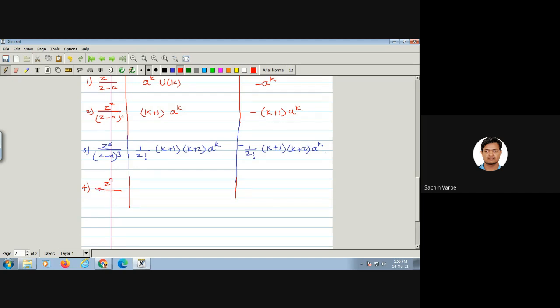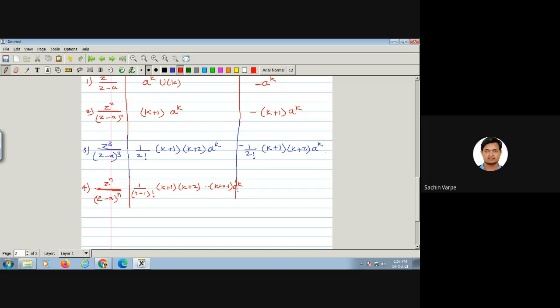You might be thinking how and why we are writing these formulas. How do we get this? So I'll tell you the explanation. Z upon z minus a raised to n, can you generalize this? It is equal to 1 upon n minus 1 factorial, you can check for 3, right? Into k plus 1, k plus 2. Where does this product go? The product goes to k plus n minus 1. Am I right?